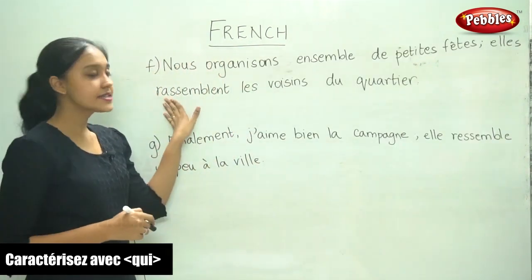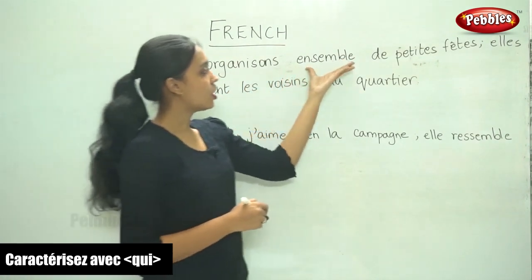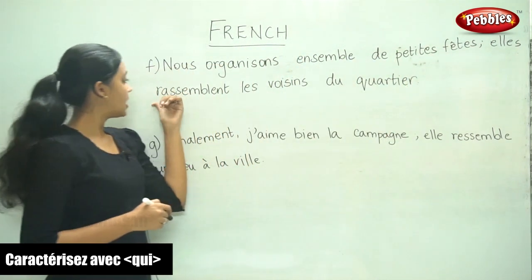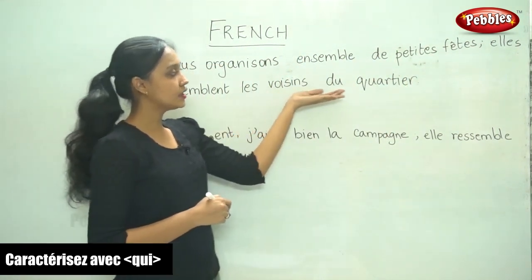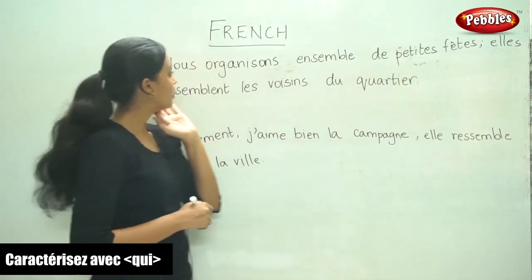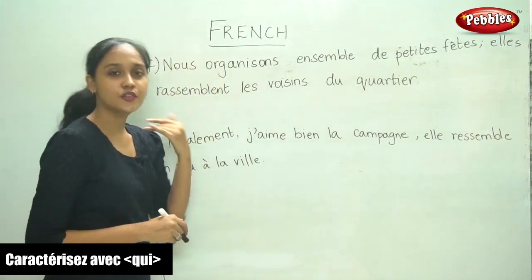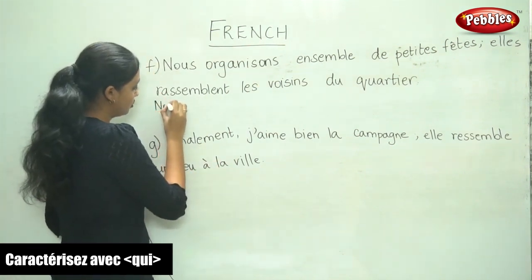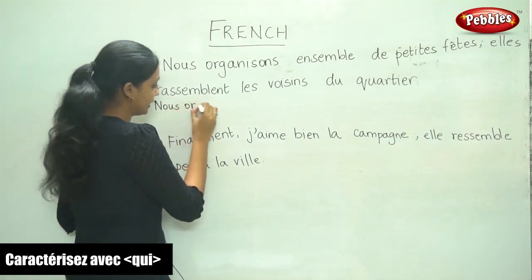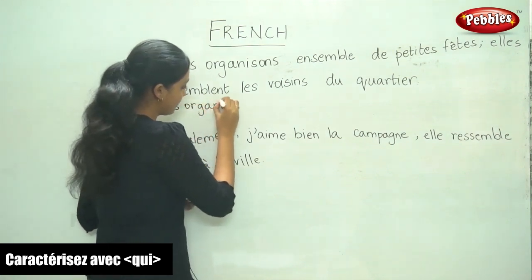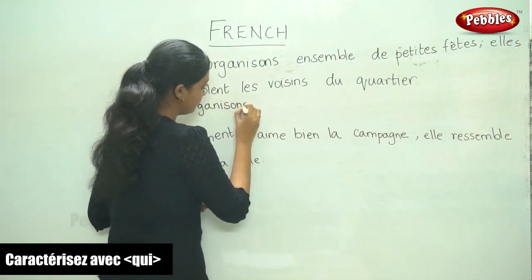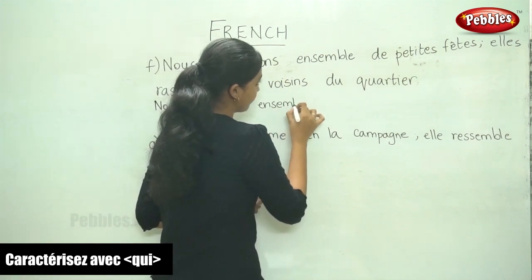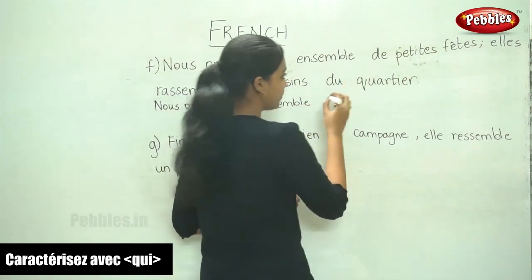Now the next sentence. Nous organisons ensemble de petites fêtes. Elles rassemblent les voisins de quartier. So now again, the first sentence remains the same. Nous organisons ensemble de petites fêtes.